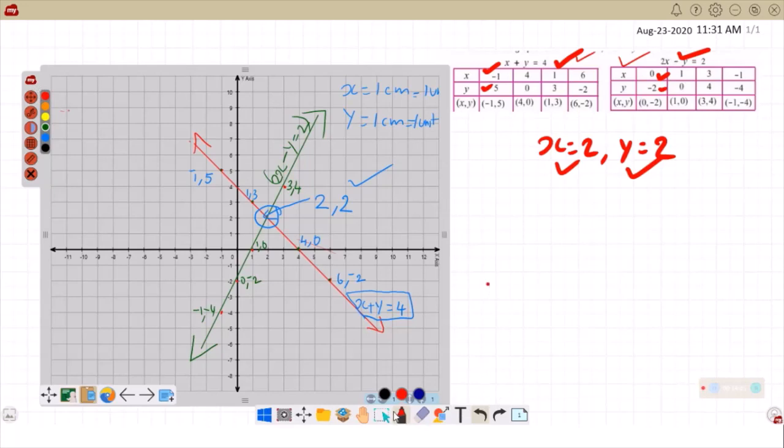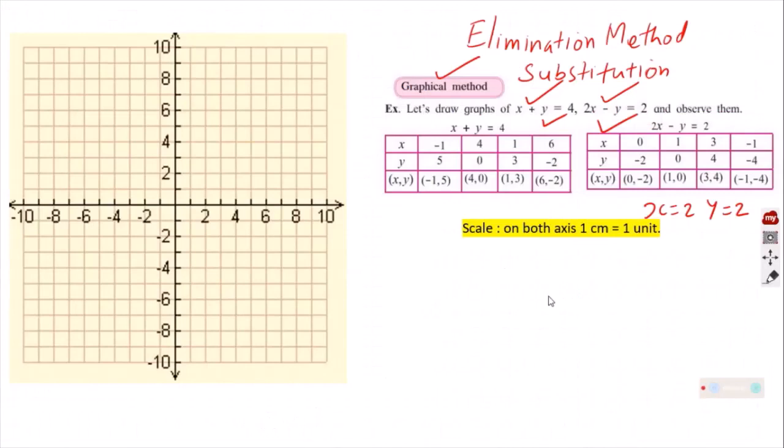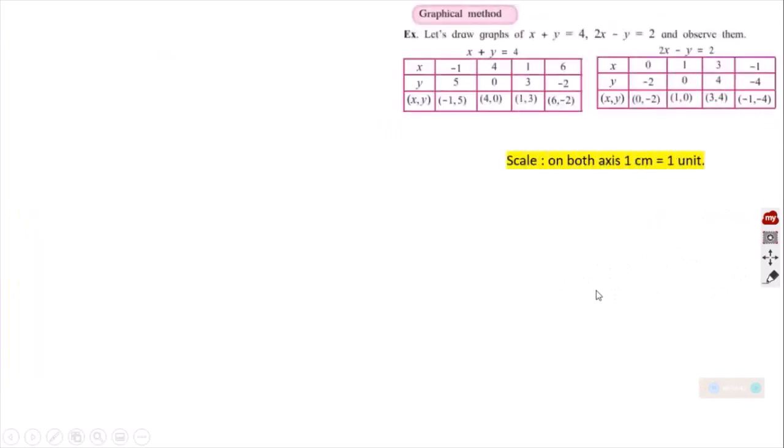Now let us go back to our previous page. This one we represented and we got the same answer here again, which means we are right. This one is 1 centimeter is equal to 1 unit.